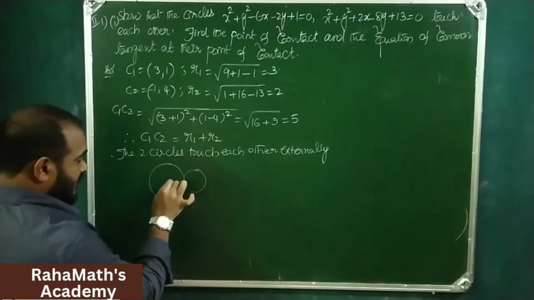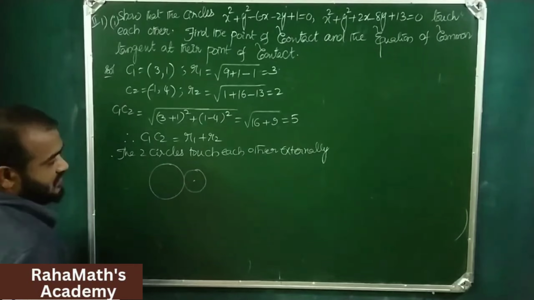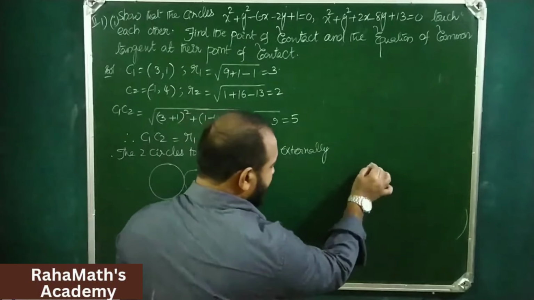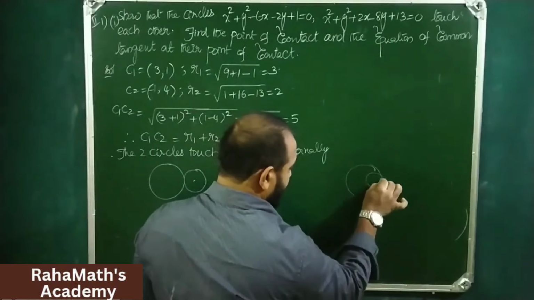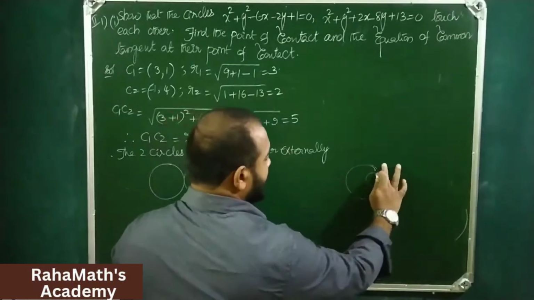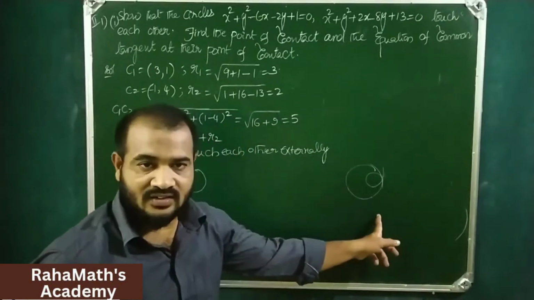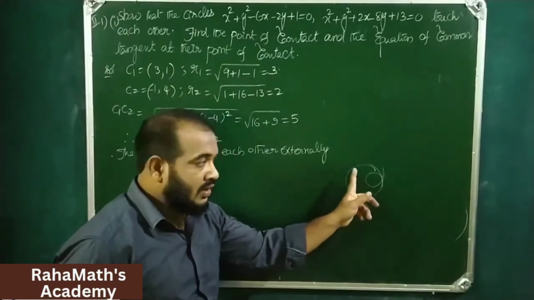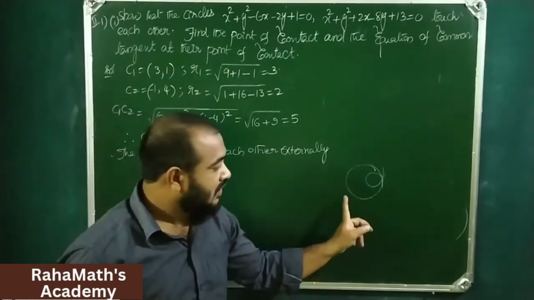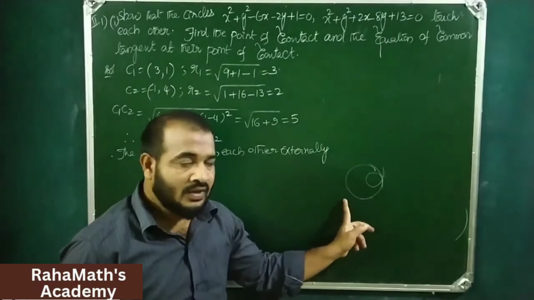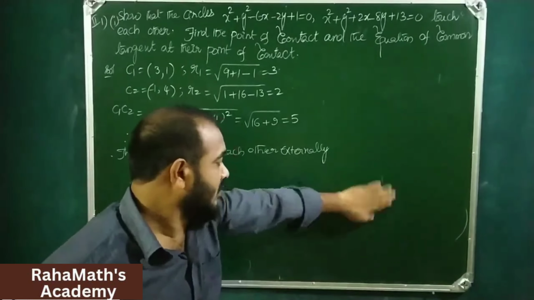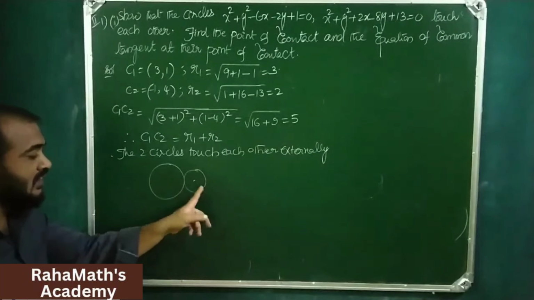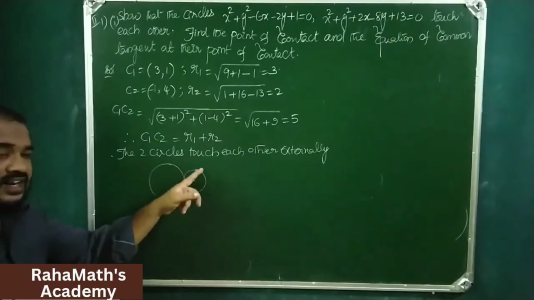So in this way the two circles touch each other. Therefore the second case which we have discussed before is clear. The two circles are not touching each other internally. They are touching each other externally instead.